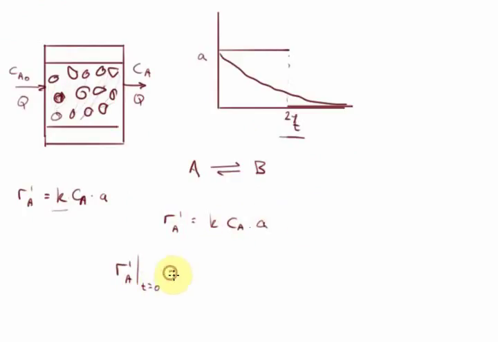So we can say this is k, and that's going to be at T0, and that's times Ca. And then that's going to equal Ra dashed at some future time t. So that's going to be some other k value. So that's going to be k at some time in the future t, multiplied by Ca, multiplied by the activity at that time t.